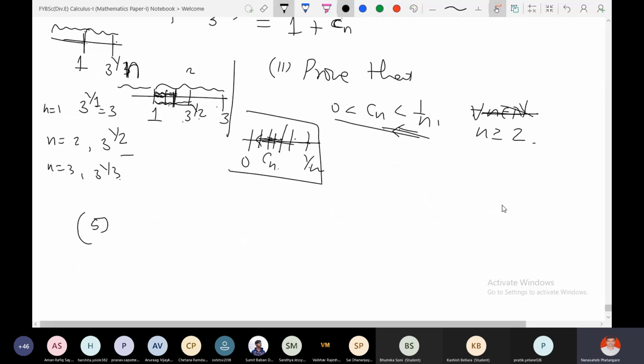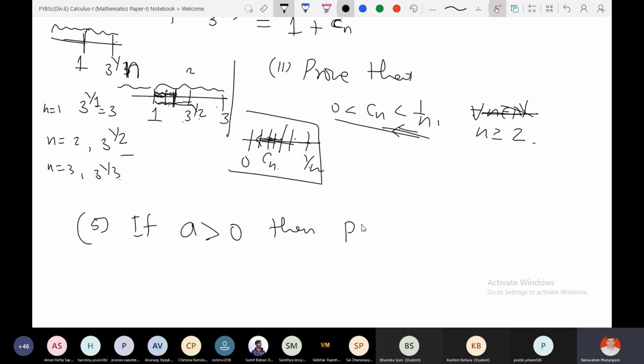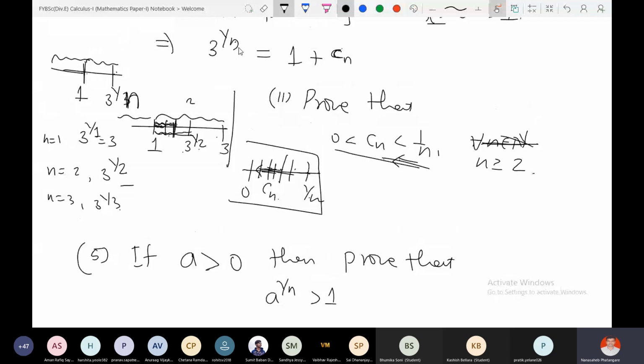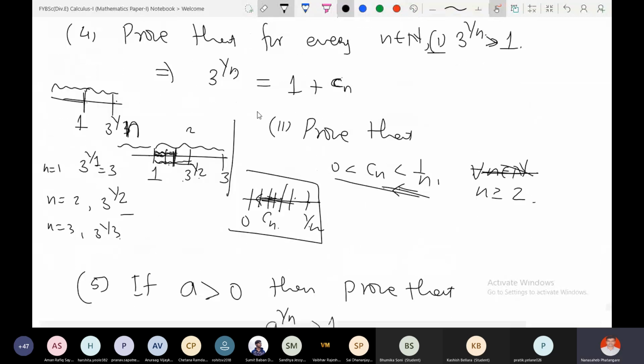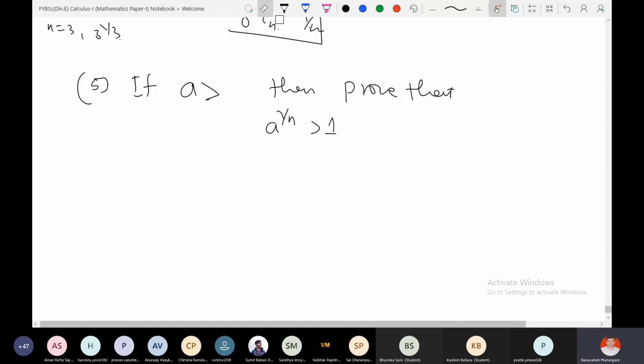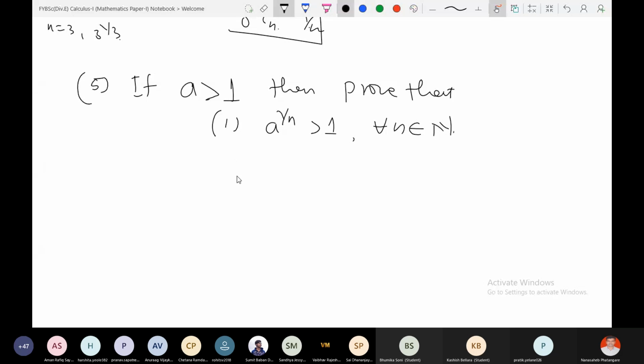This is not a very difficult thing. Now I want to generalize this. If you take a greater than 1, prove that for all n belonging to the natural numbers, a raised to 1 by n is 1 plus some Cn.